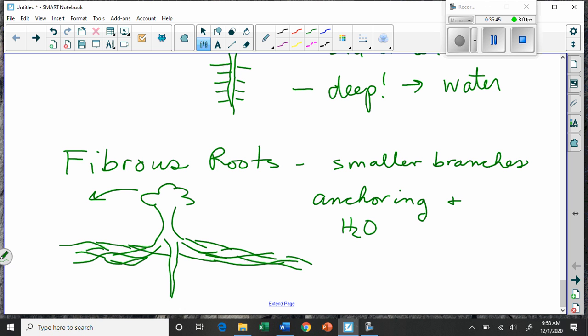All of these roots deep in the ground are anchoring it and preventing it from being ripped out of the ground. It takes a very strong wind to rip a tree out of the ground. Usually when that happens, it's because the tree is already old and starting to decay and its anchoring isn't as good.